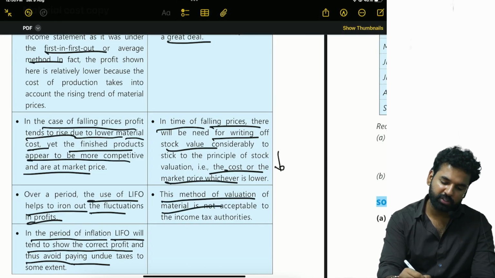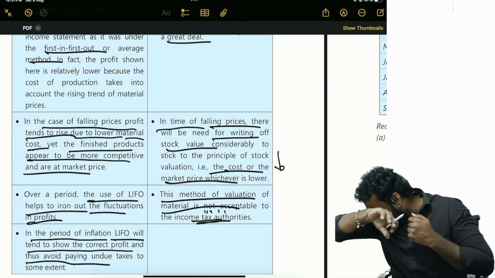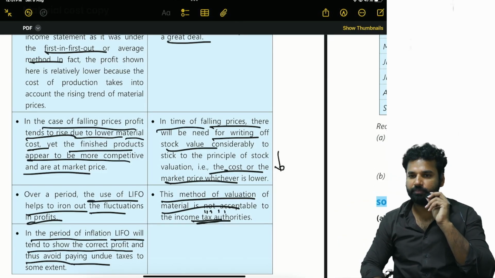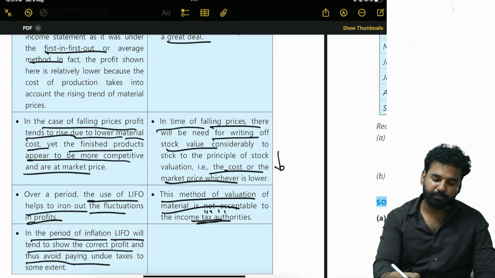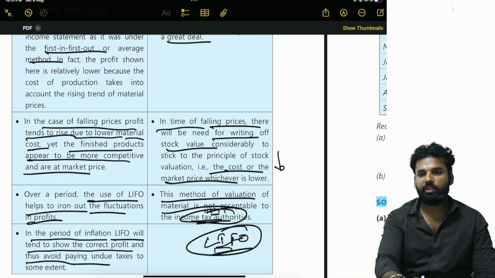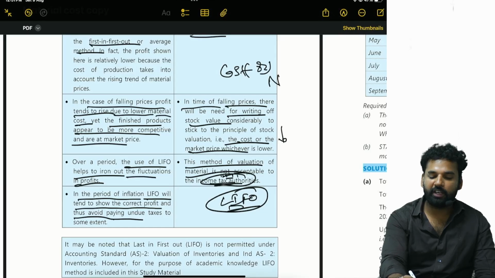And this method of valuation of the material is not acceptable to income tax authorities. So if you are showing the closing stock of the inventory in the books of accounts, it is not accepted by authorities if it is the LIFO method. Income tax authorities require you to adopt cost or the net realizable value, whichever is lower.